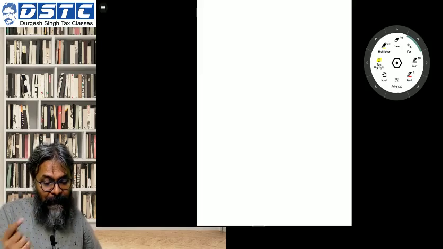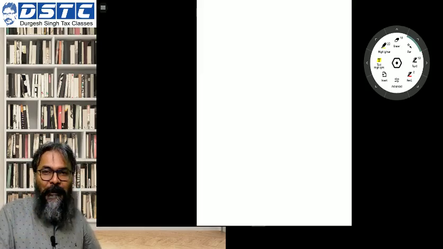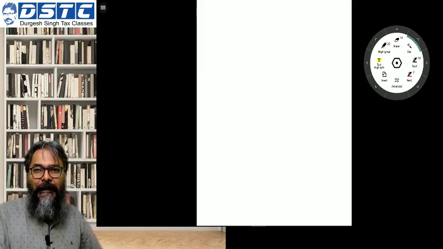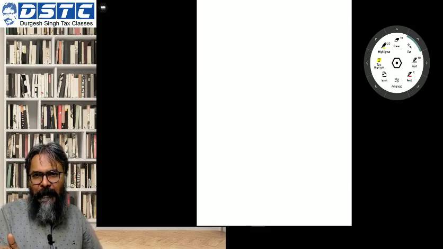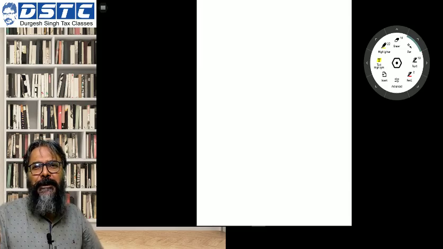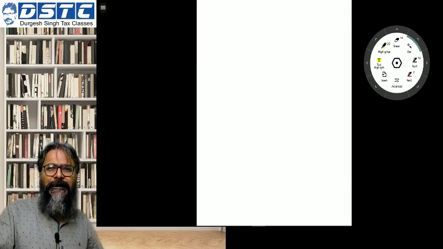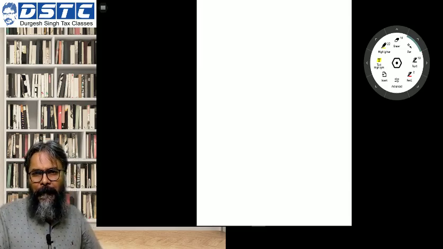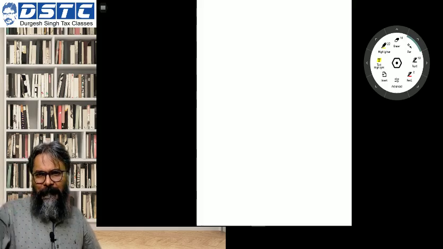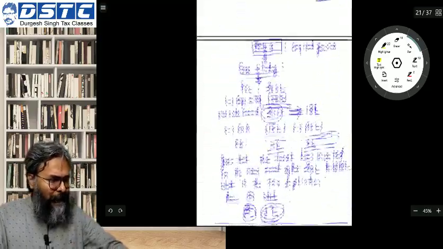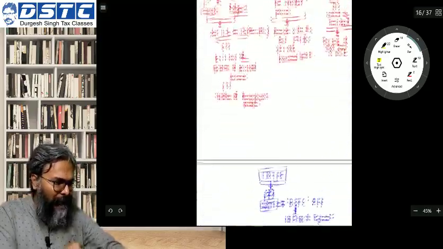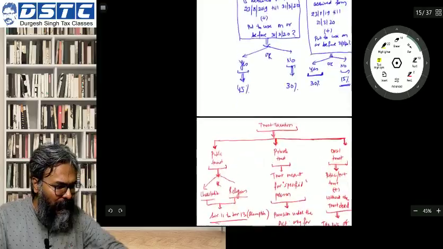And we also saw certain practical areas of that chapter, and on that basis we made our final conclusion, primarily about how the deduction would be available, whether there are any conditions in respect of the deductions, and other incidental areas. Today, before 10AA, the small deductions are there in the sequence, which we will deal with.